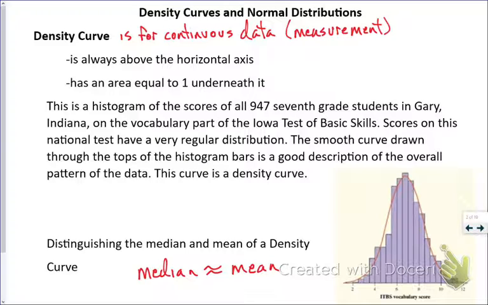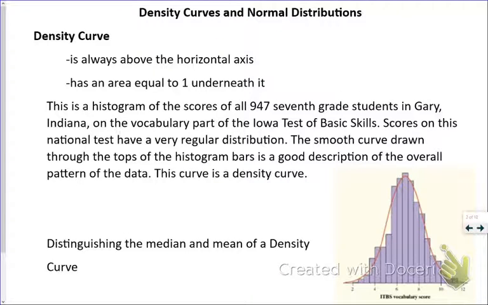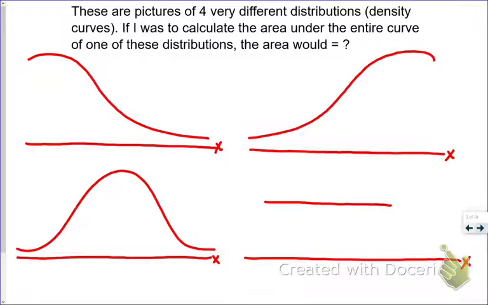Okay, let's press on and look at some more pictures. I mentioned density curves, so I drew a bunch. These are all density curves. This one, top left, has positive skew. Top right has negative skew.